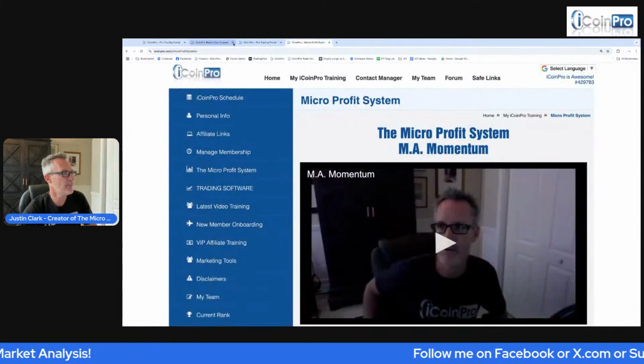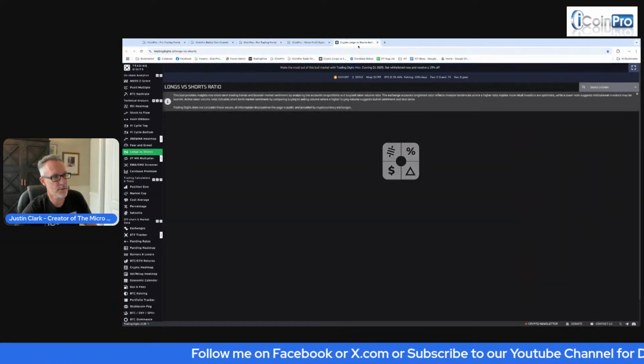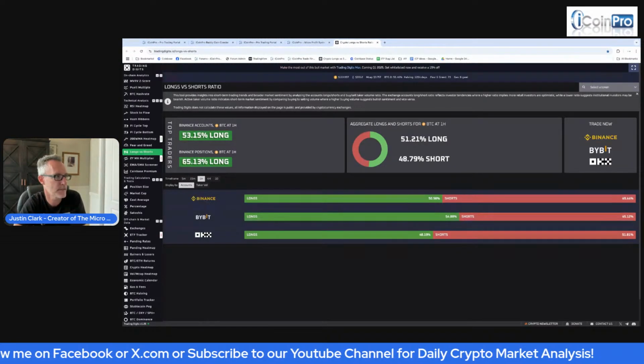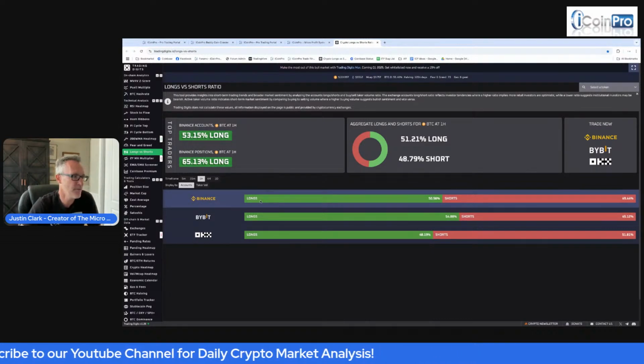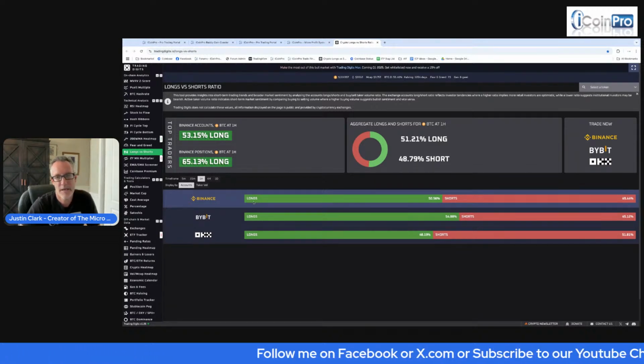All right, I want to look at what's called the longs and shorts. Longs are people betting Bitcoin's price is going up. Shorts are people betting Bitcoin's price is going down. This isn't going to be much help to us. When people are long and short, we watch Binance. When they are long or short, they're usually using what's called leverage.